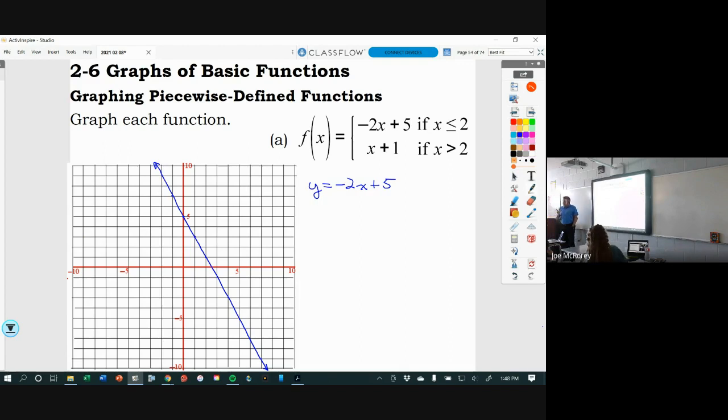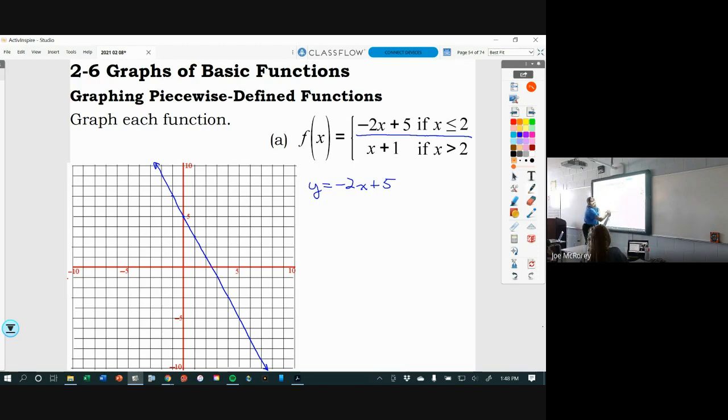Okay, folks, that is the line y equals negative 2x plus 5. Is that what I'm supposed to be graphing though? No. I'm graphing that line, but there's a stipulation. This line only exists when x is less than or equal to 2. So what happens when I get greater than 2? What happens to that line? It disappears.